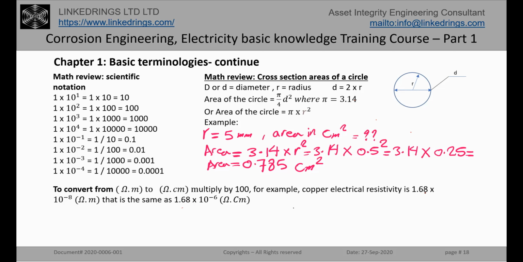So the base value is the same. The 10 power will be multiplied by 100, which means minus 8 plus 2, so minus 6.